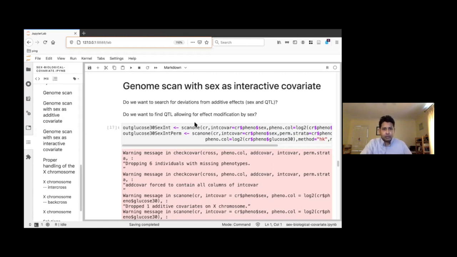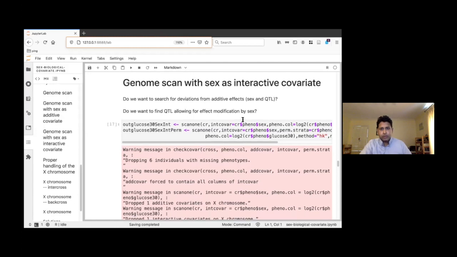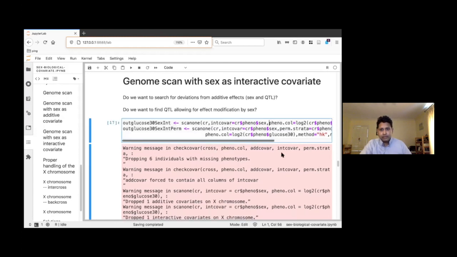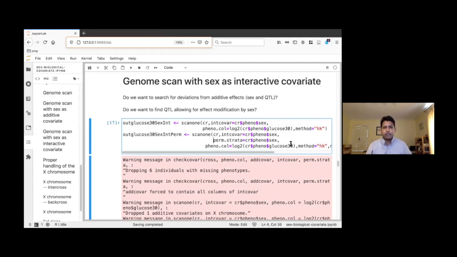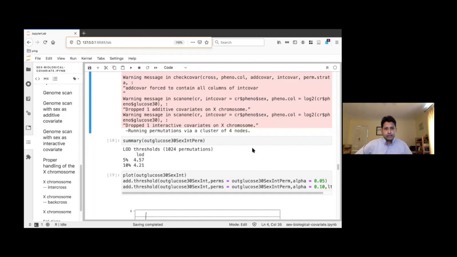So here, what you would do is run the genome scan, and in R/qtl, you would just specify that there is an interactive covariate called sex. And in this case, you would permute the phenotypes within each sex, just as we did last time.